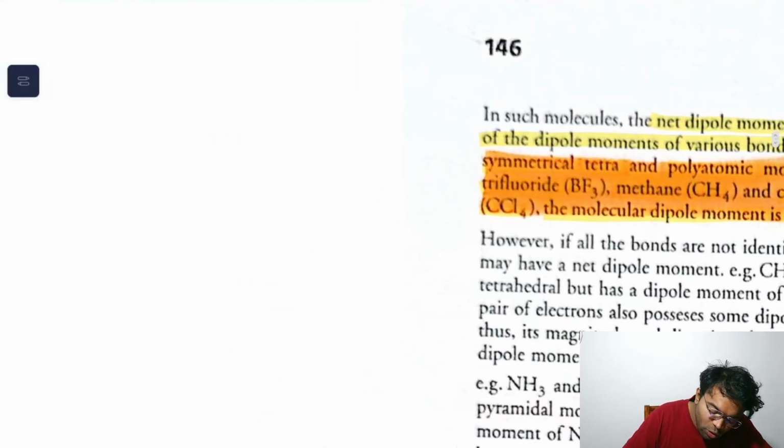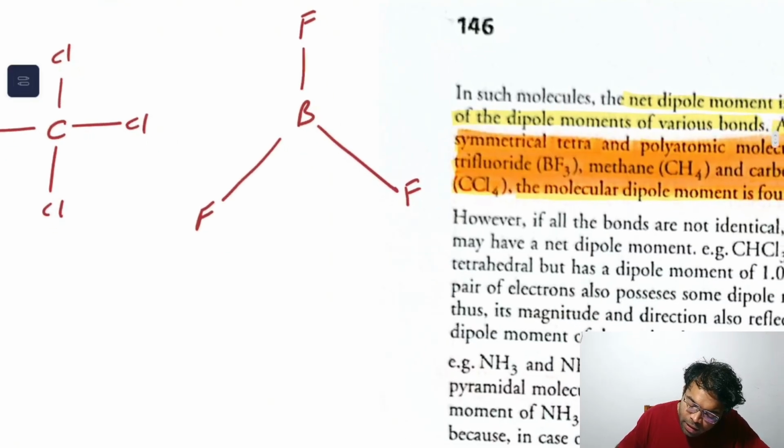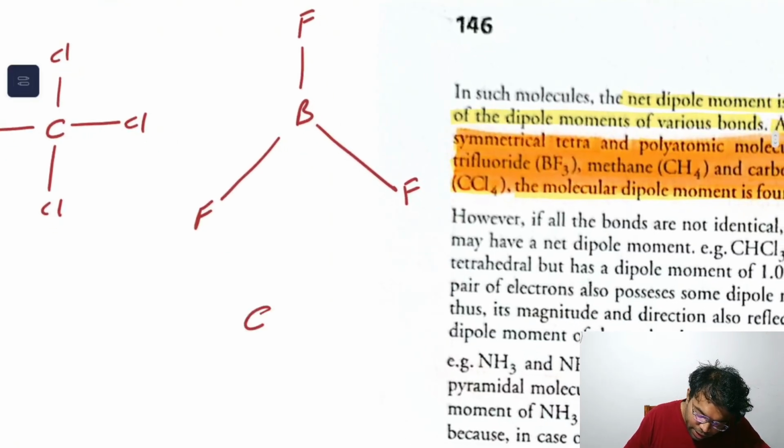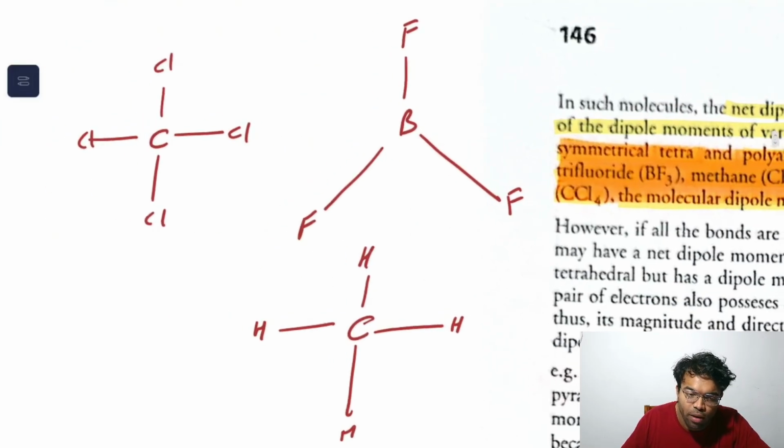For example, you have carbon tetrachloride, which looks like this. Next you have boron trifluoride, and then you have methane. Understand this very carefully. This is a four marker.